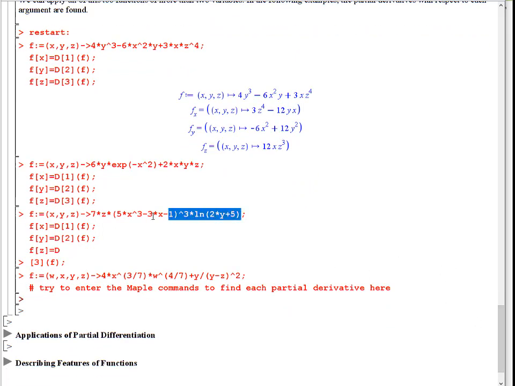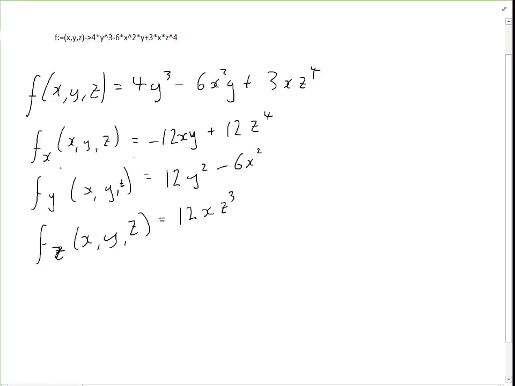Let's have a look at this one. And this time I'll just write f for brevity.